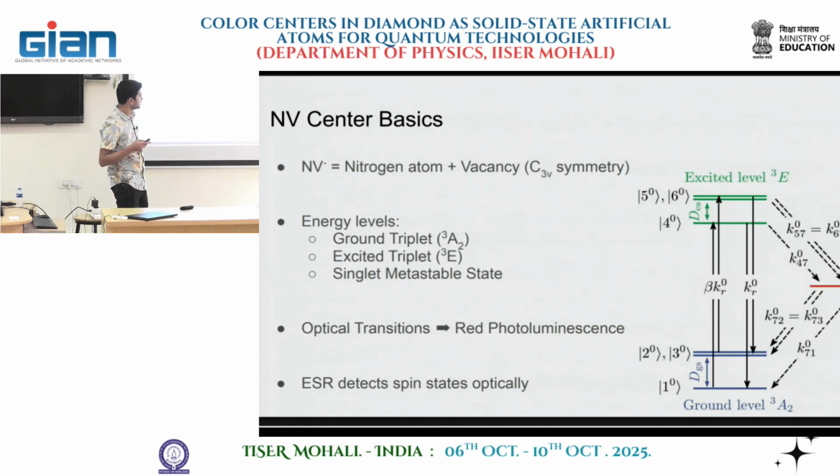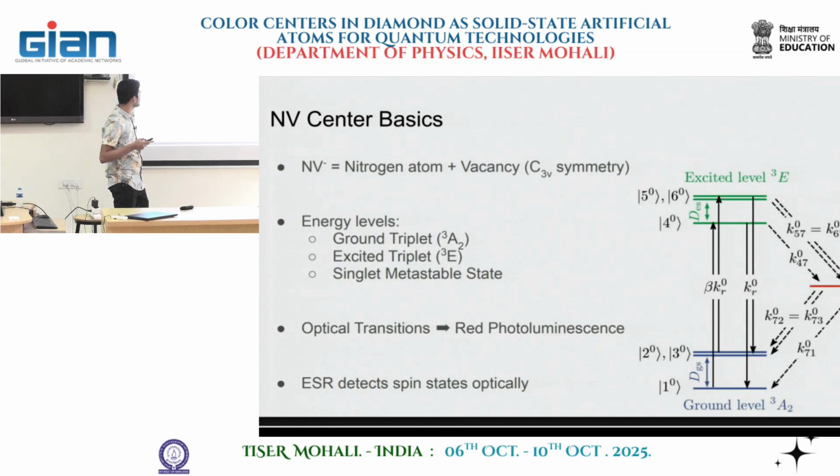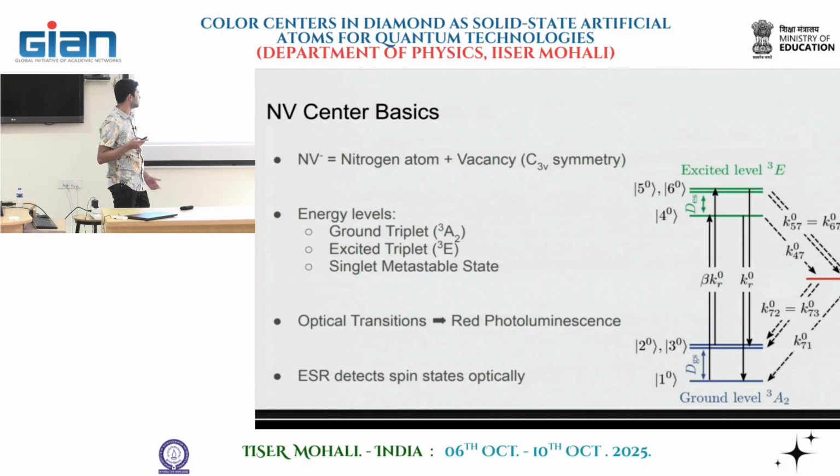The optical transitions: when the spin is in ms equal to 0, there is red photoluminescence at 637 nanometers, which is the zero phonon line.